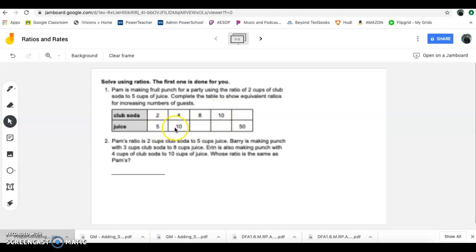And this is going 5, 10. So we're going to have to figure out these missing pieces. If it went 2, 4, 6, 8, 10, we know we'd be going up by 2s. But we're not. It goes 2, 4, 8, 10. So we're going to have to figure out the equivalent ratio that goes here. We're going to have to fill out this remaining blank chart.